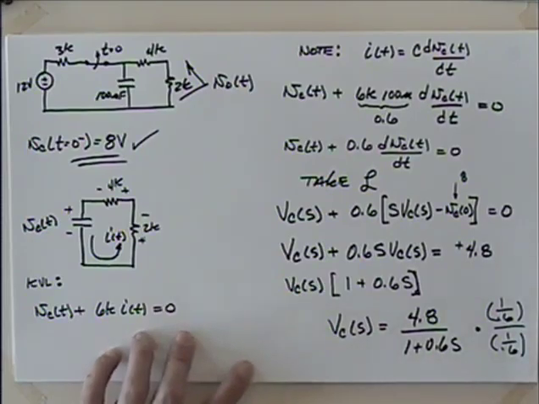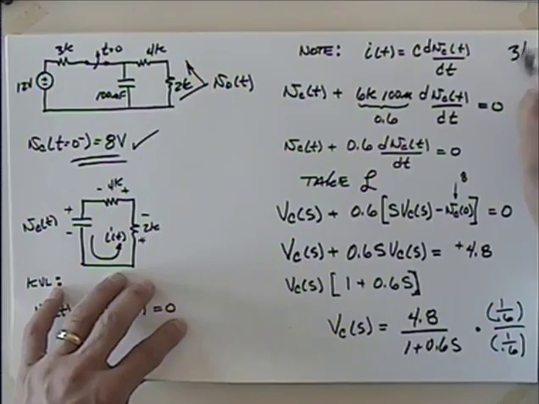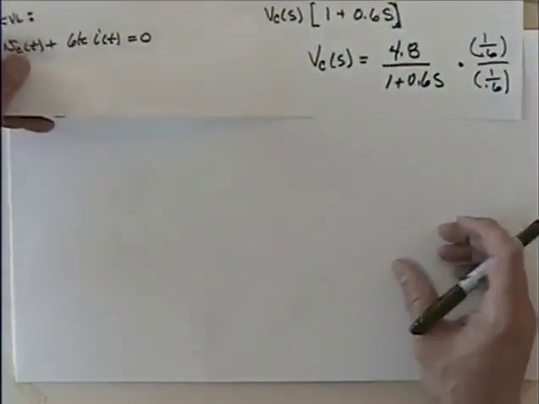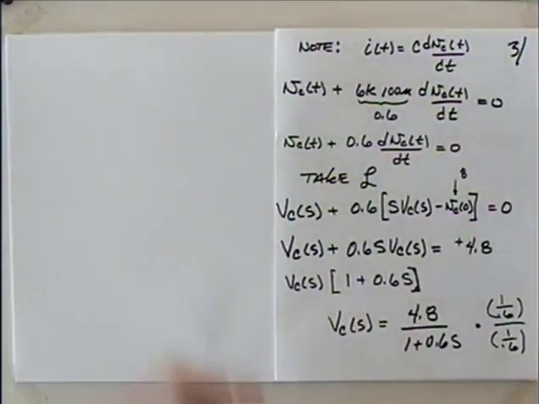So multiplying the top by 1 over 0.6 and multiplying the bottom by 1 over 0.6. The point of that is to get S by itself, so it looks like something we've seen before, hopefully.